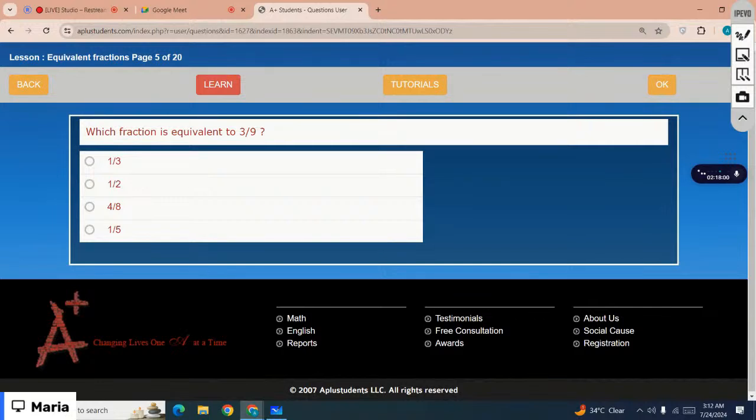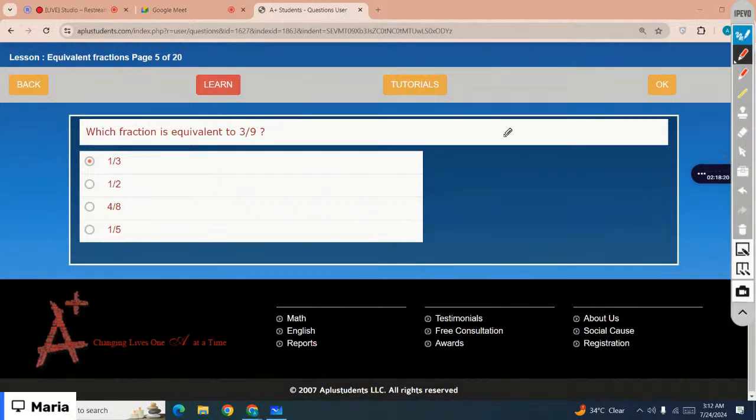Find the equivalent fraction to 3 by 9. So which is the correct option? That is 1 over 3 is the equivalent fraction to 3 over 9. How? You can simply divide the fraction by 3, by 3, right? So the missing fraction is 1 over 3.